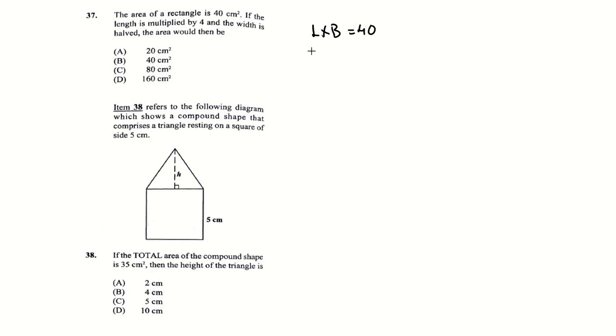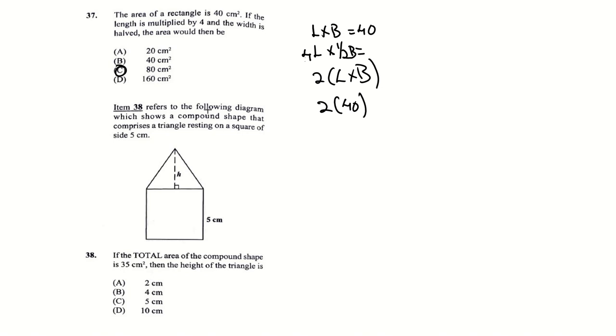If the length is multiplied by 4, so 4 length times half the width would be 2 by length times breadth, right? So that's 2 by 40, because we know length times breadth is 40, is 80, so the answer is C.